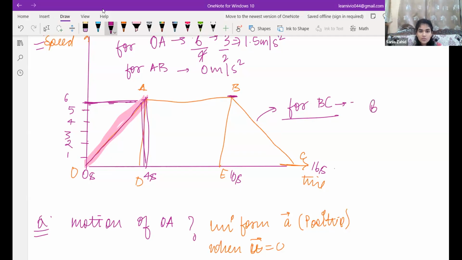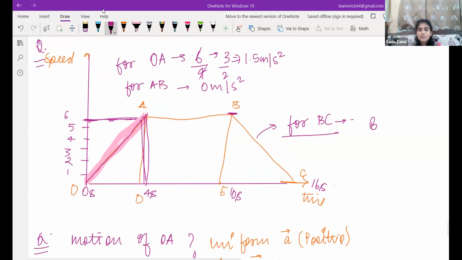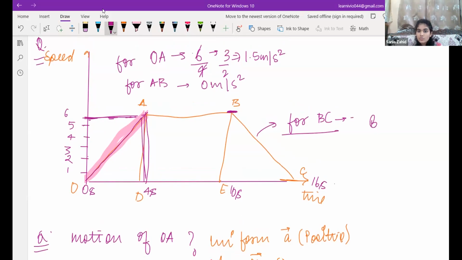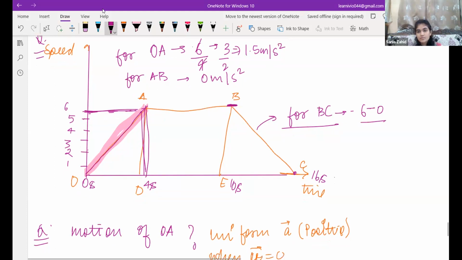One thing you should note down is for B, you take the y-axis, so that's 6. Then for C, what is the y-axis? 0. So take 6 minus 0 divided by, what is the x-axis for B? 16.